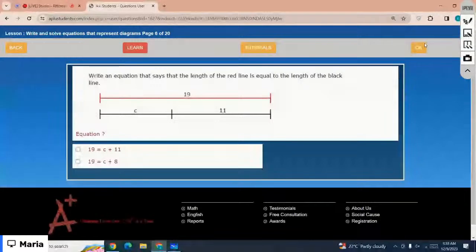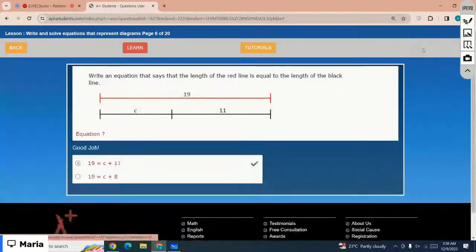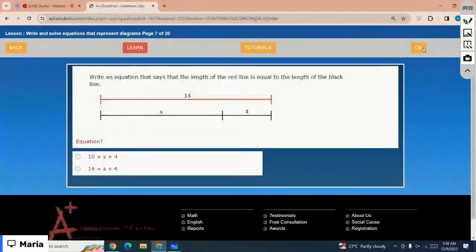Yes, that is 19 equals c plus 11. Option number 1 is the correct option. Write an equation that says the length of the red line is equal to the length of the black line. So, which is the correct option?